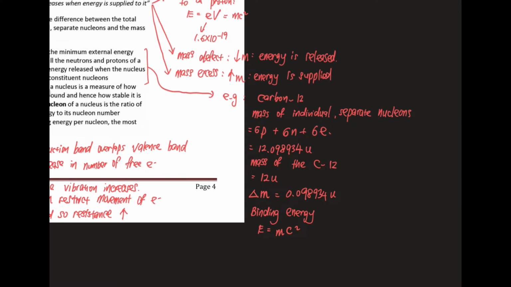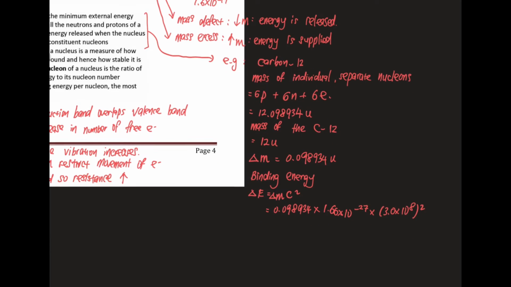The E we change to delta E, the M we change to delta M. So the delta M, 0.098934, multiply with the atomic mass unit, the value is 1.66 times 10 to the power of negative 27, and then multiply with 3.0 times 10 to the power of 8 squared. Okay, then let's count it out and try to find the binding energy.